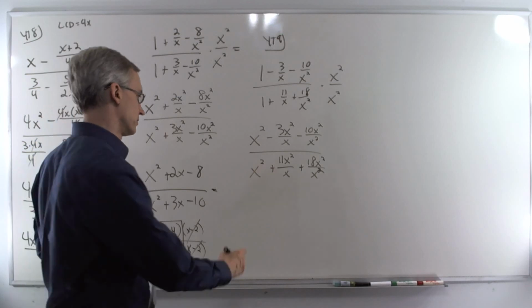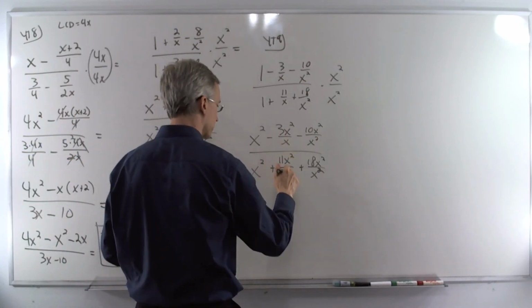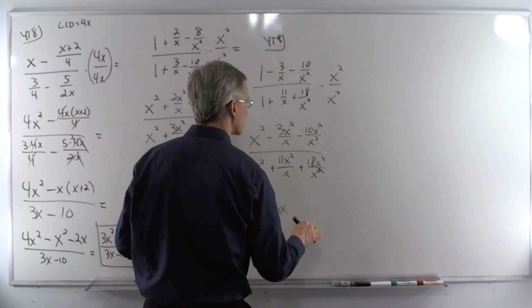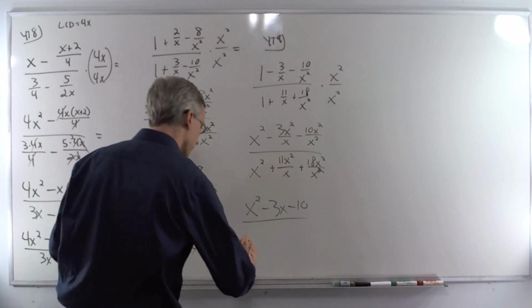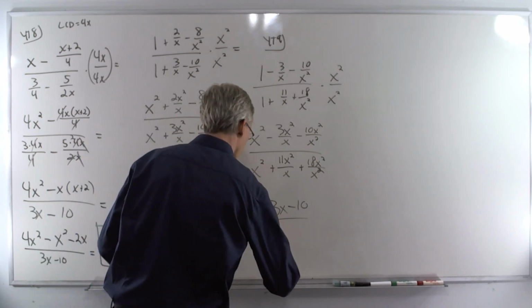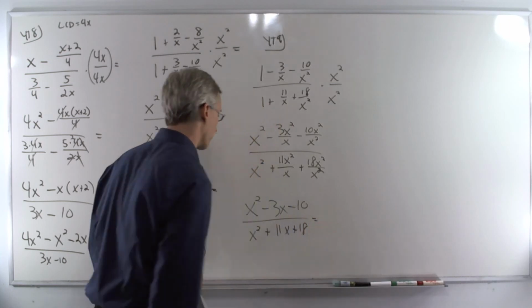All right, now we can cancel. So we get x squared, 1x cancels here, leaving behind 3x. x squareds cancel here, and we have 10. And on the bottom, we have x squared plus 11x plus 18.